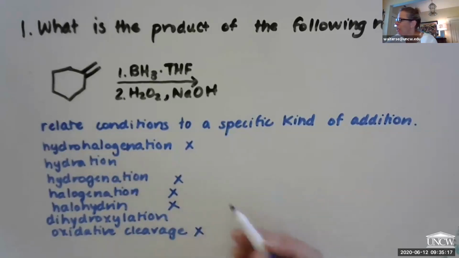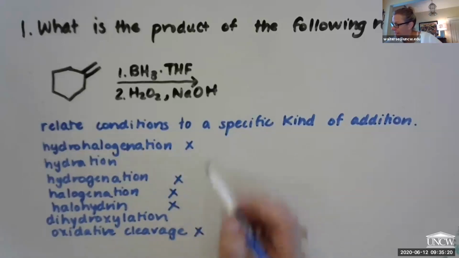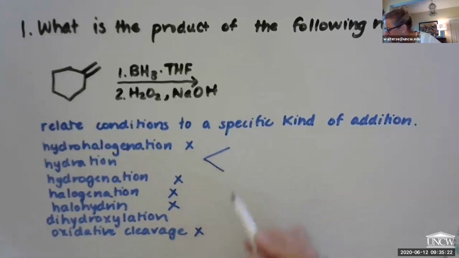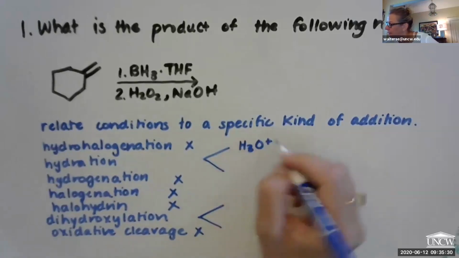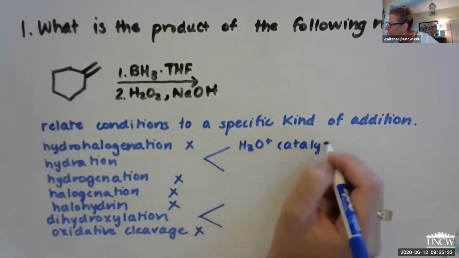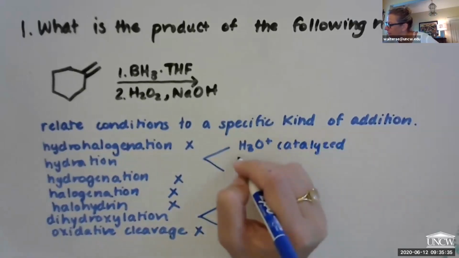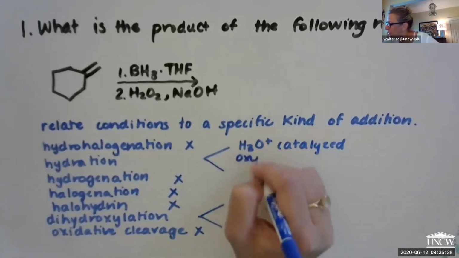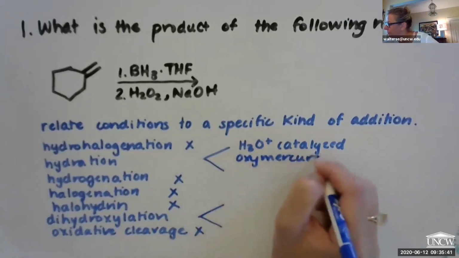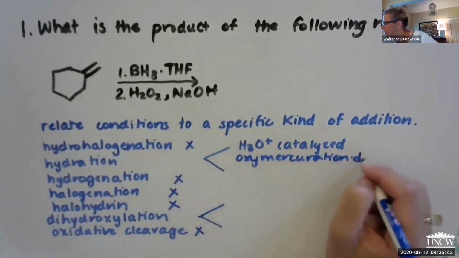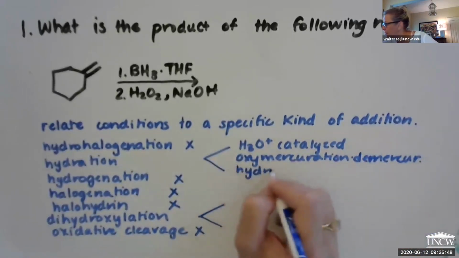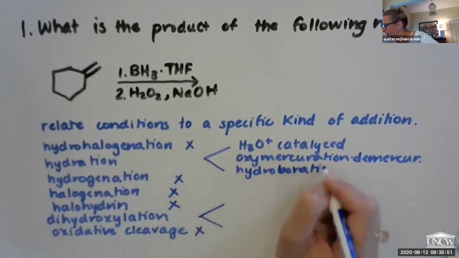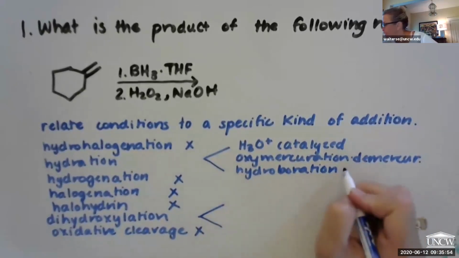At this point, it's going to be helpful if you can break those down into acid catalyzed, oxymercuration, demercuration, or hydroboration, which is an oxidation.